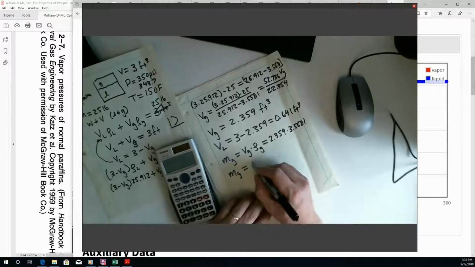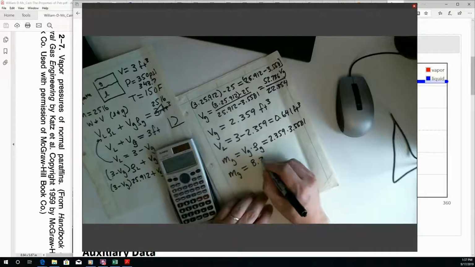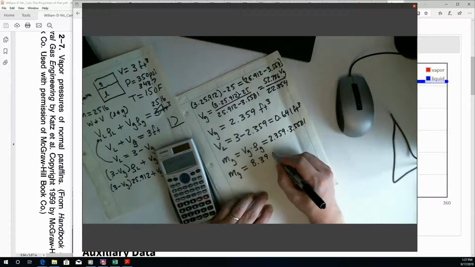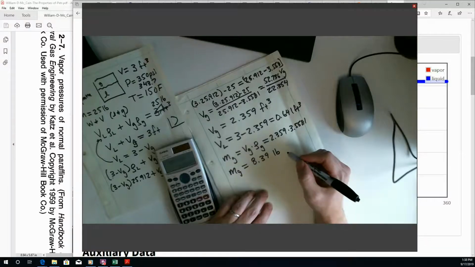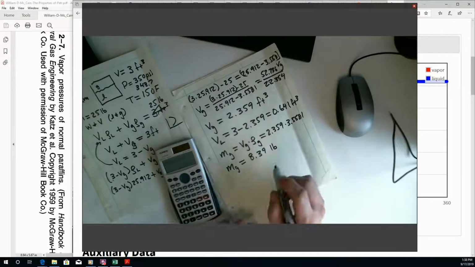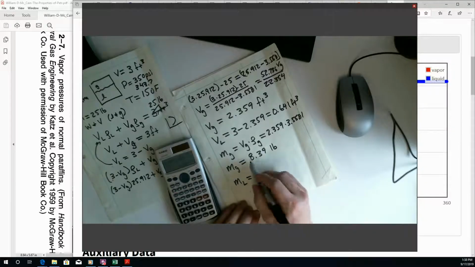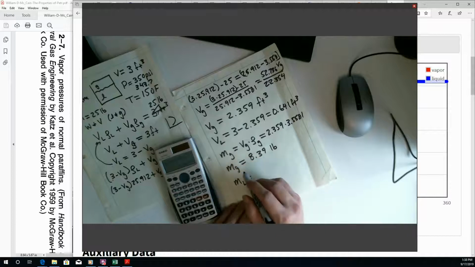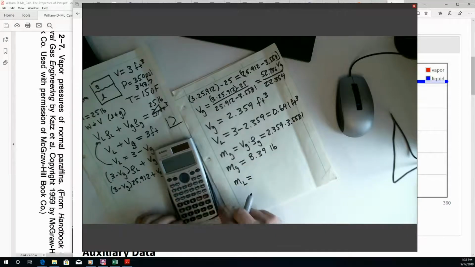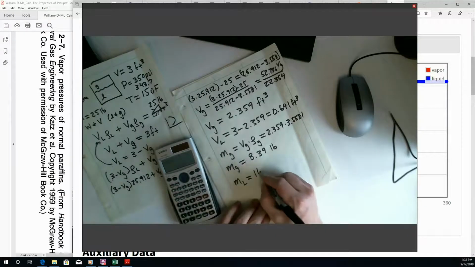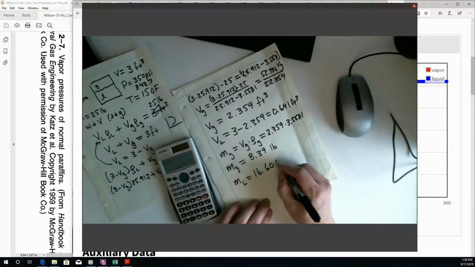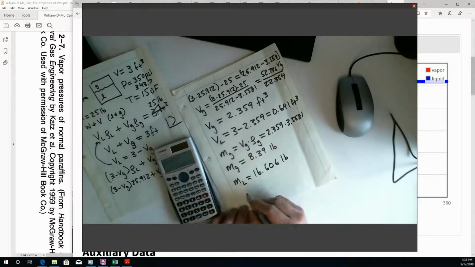That is going to give us a value of 8.39 pounds, correct? And then we know that it's 25 pounds, so the mass of liquid should equal 25 minus this, so 16.606 pounds.